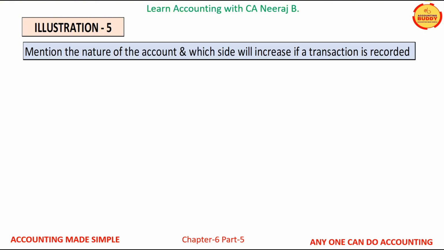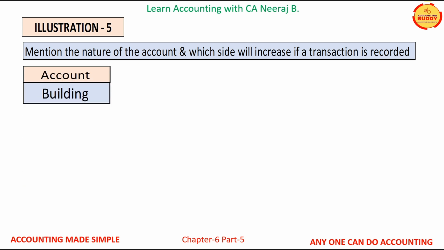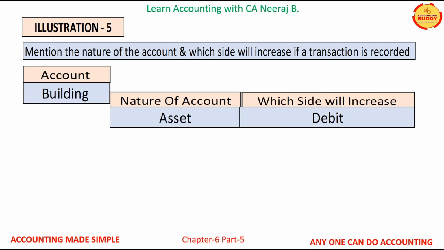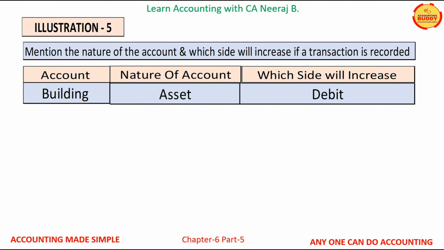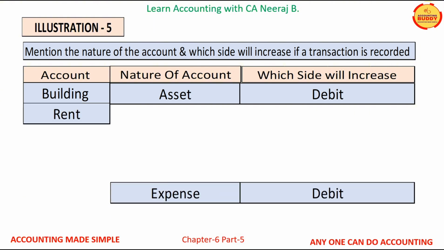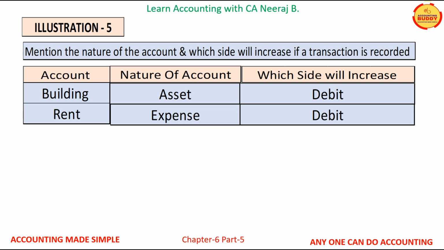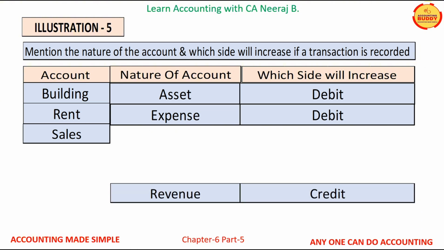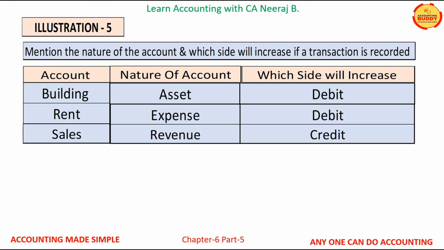Mention the nature of the account and which side will increase if the transaction is recorded. First account is building. Building is an asset and they are debited when increased. Second account is rent. Rent is an expense account and expense accounts are debited when they increase. Third account is sales. Sales is a revenue account and the revenue accounts are credited when they increase.